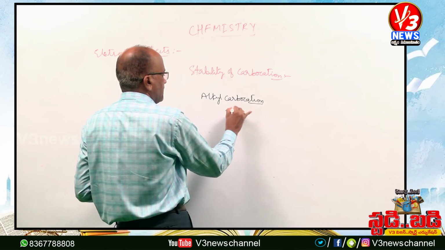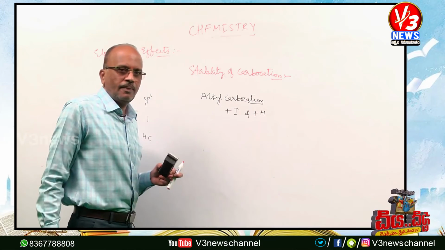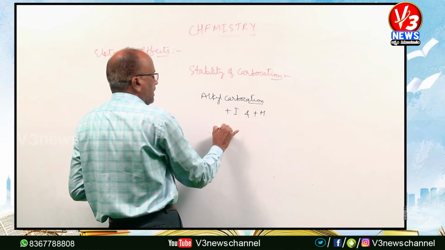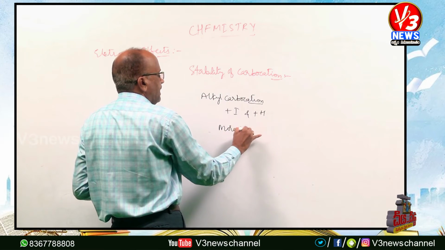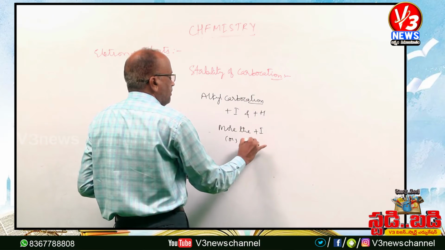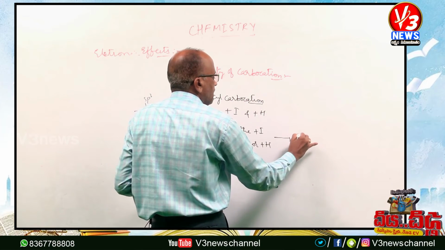Stability is related to plus I and plus H, hyperconjugation. The more the plus I or the more the hyperconjugation, the more the stability.